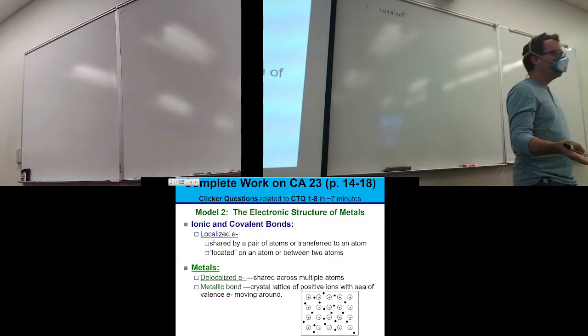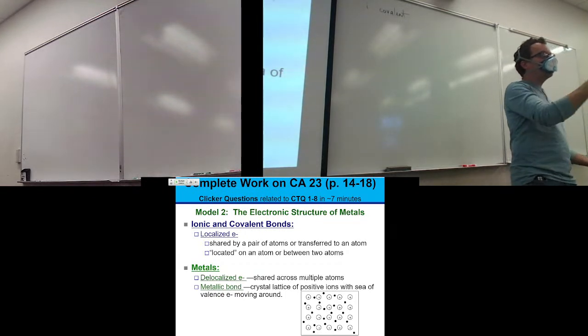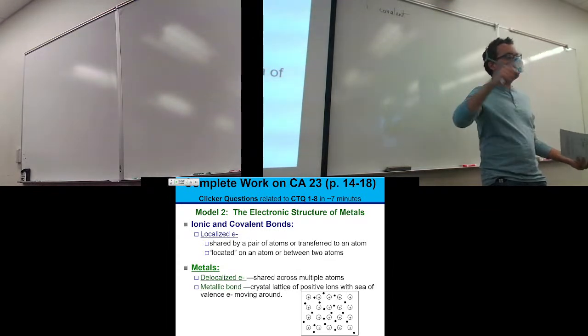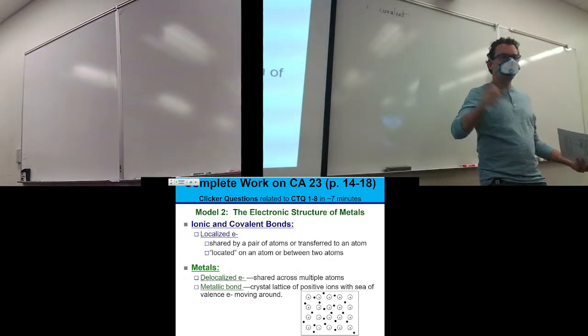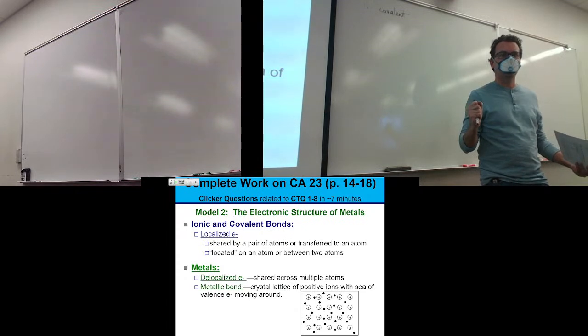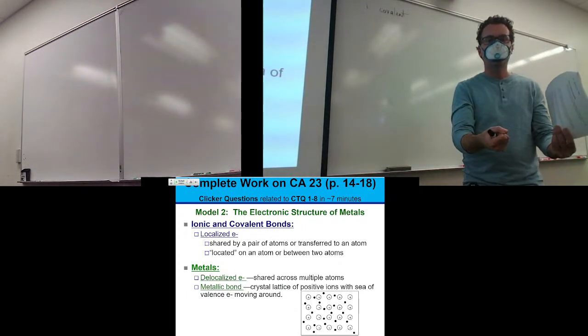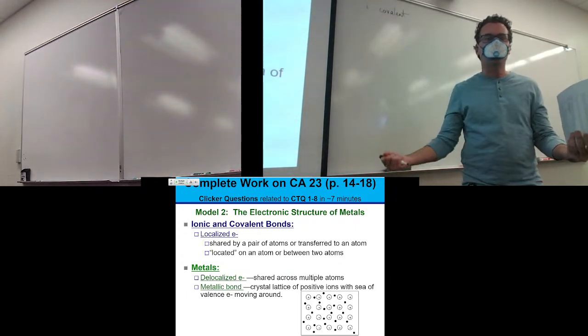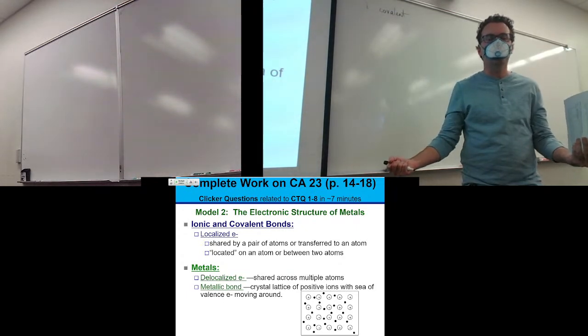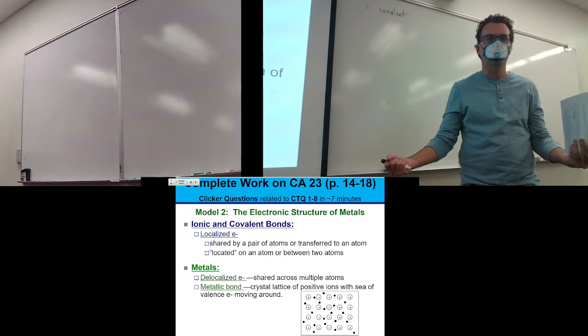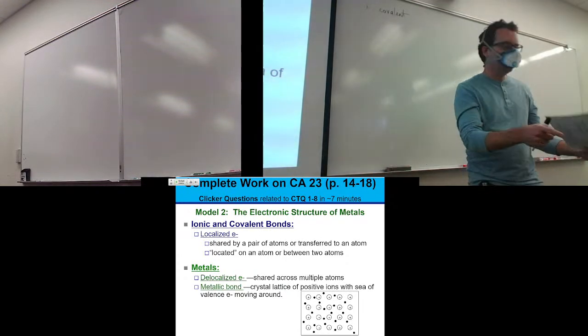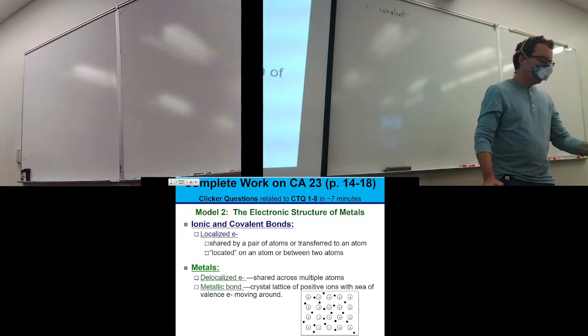Because they're low electronegativity, and to do ionic bonding, one of them has to be an anion, right? So one of them has to really want an electron. So if you have two metals that are both low electronegativity, one's not going to steal the electron from the other, because neither metal really cares about having an extra electron. So that's the reason.